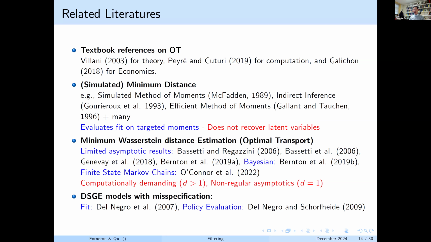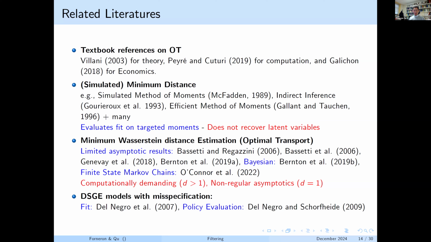Papers on dynamic models are extremely sparse. Actually, the only paper that I am aware of is on finite state Markov chains. So we hope that what we do here can add a little bit to the dynamic part of this literature.